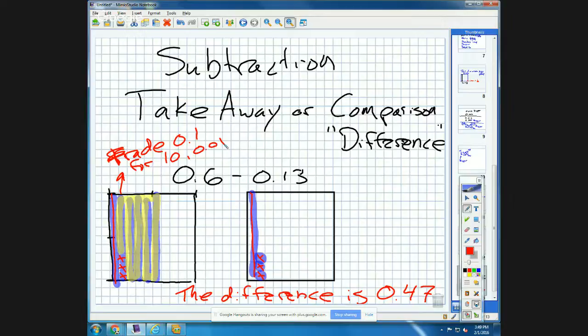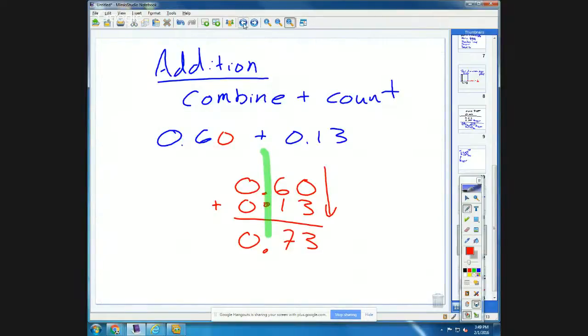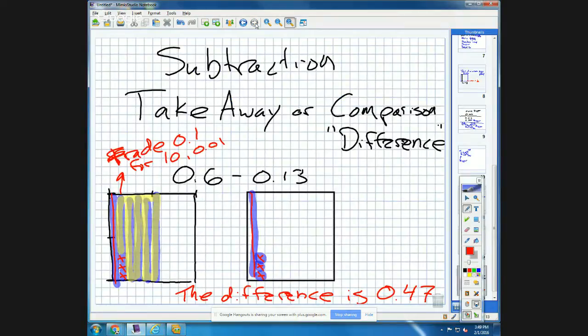What's important, like with addition, when I do my algorithm instead of my model? The algorithm is lining up the decimals. Yeah, so the algorithm there was line up the decimal, add as usual. The algorithm here is the same thing. Line up the decimal, 0.6 minus 0.13. It makes us feel better to put that 0 in up there.